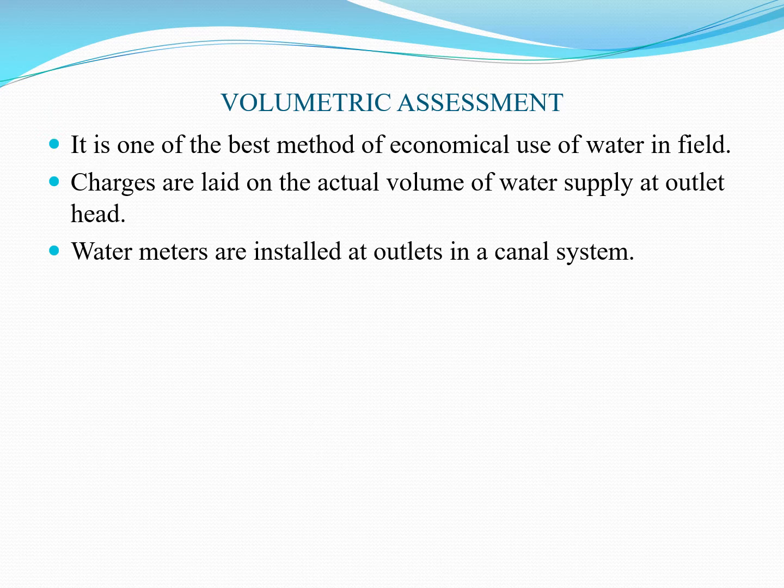There may be a tendency of cultivators to draw supply in an unauthorized manner. As it requires water meters at various outlets, the initial cost increases and it is very difficult to do the volumetric distribution and dues between the various users. The flow of silt as well as debris may retard flow through the metered outlet.